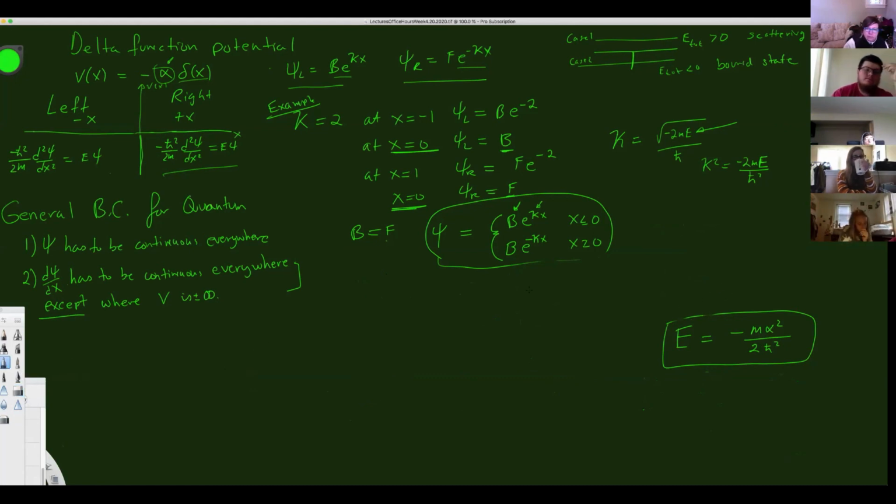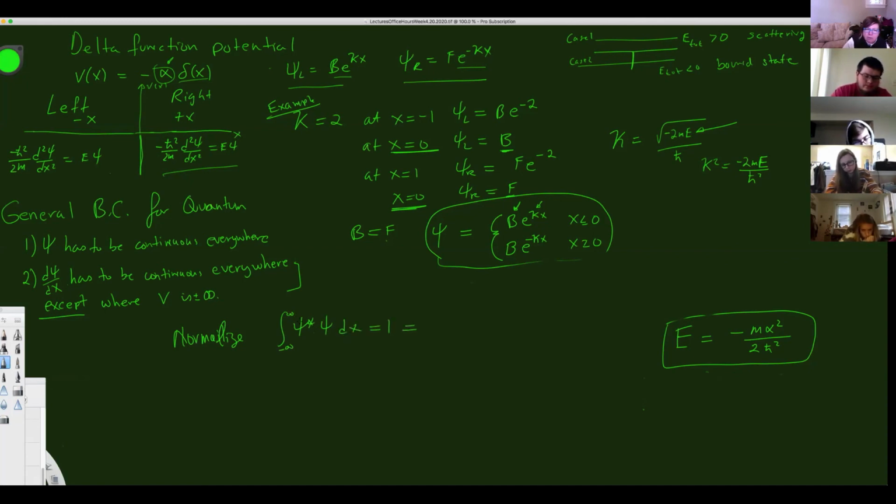So we're going to normalize. We have the integral of psi star psi from minus infinity to infinity dx, and that has to be 1.